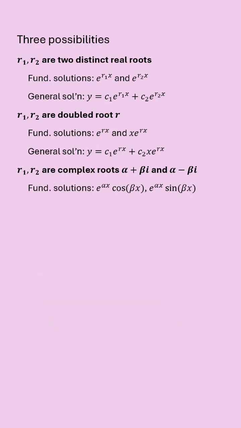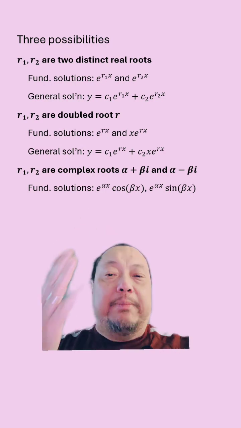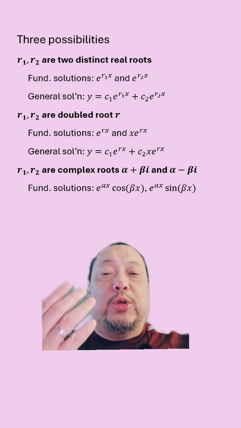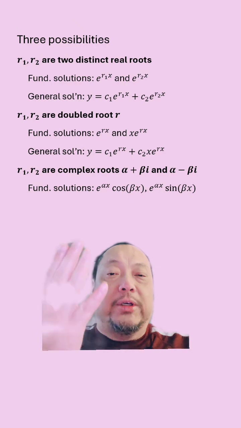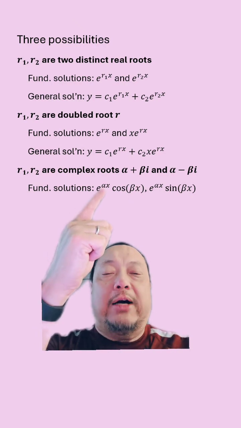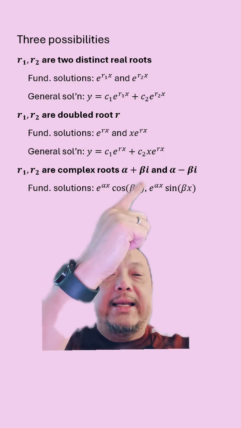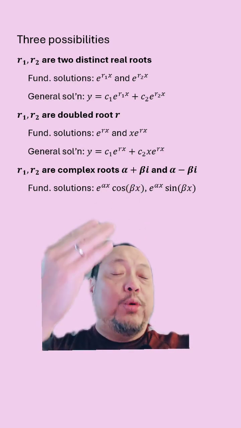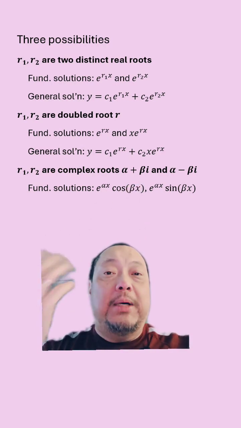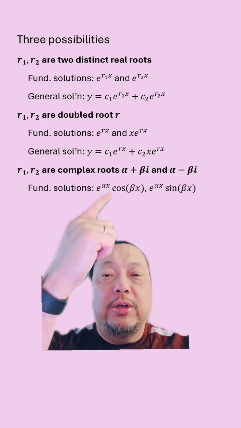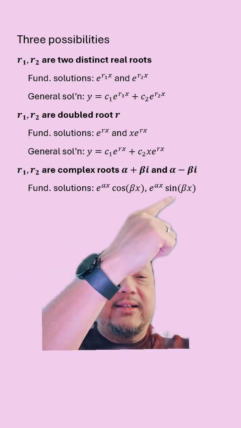We're going to put the alpha together with x and put it in the exponent of e to the power. So we have e to the power alpha x times, well, this beta i here, we won't be putting it in the exponent, but instead we use Euler's formula to turn them into a cosine and a sine.